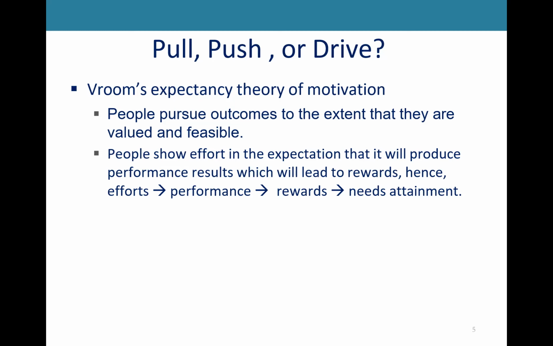So the more they believe putting this effort in will lead to a level of performance, the more likely they are to put that effort in. That level of performance, once it is obtained, what's the likelihood that level of performance will then lead to an outcome? And then how much value do they place upon that outcome?